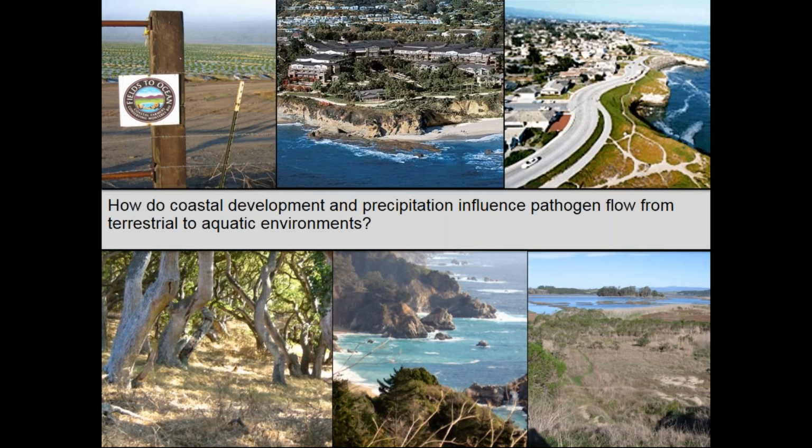Another question was to factor into this model how coastal development and precipitation influence the pathogen flow from land to sea.